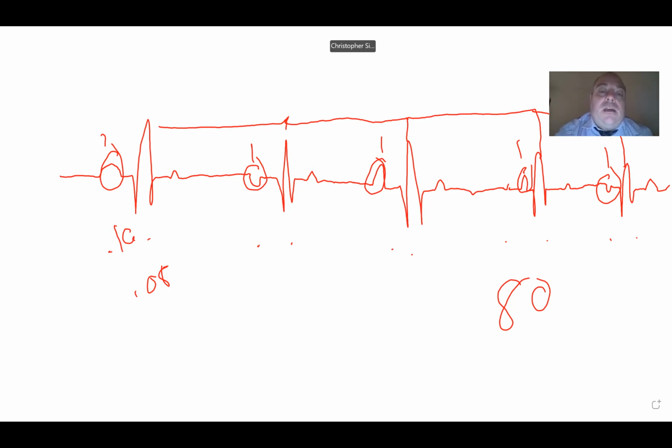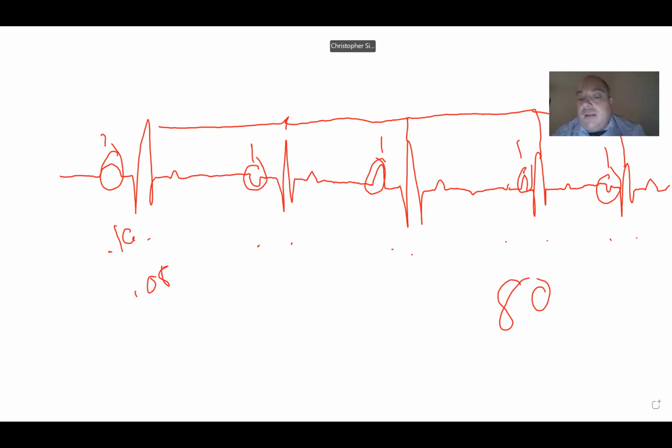In this case, we have a narrow QRS and an irregular R to R interval, which means an irregular rhythm. So what does all that mean? Here's what I'm going to tell you. Wandering atrial pacemaker and multifocal atrial tachycardia, their hallmark is 3 or more distinct individual morphologies of their P waves, 3 or more different morphologies of their P waves, okay?